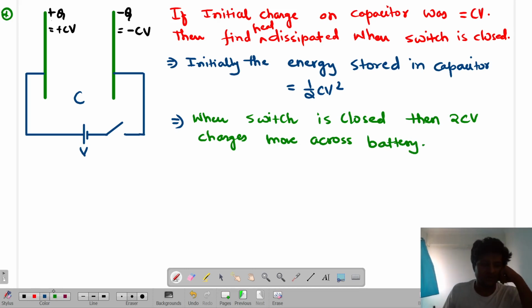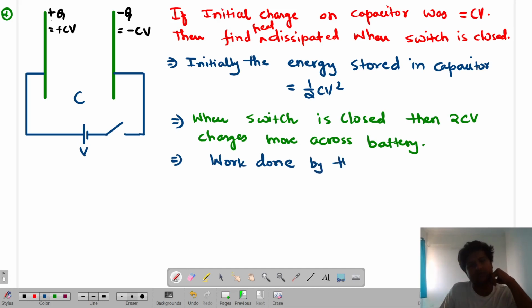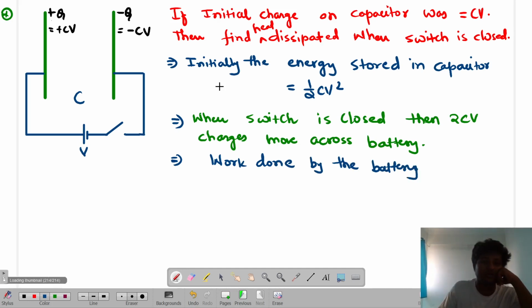That means when 2CV charge moves, what is the work done by the battery? How is it? Look over here. From plus, how much will move? Plus CV. From minus, how much will move? Minus CV.